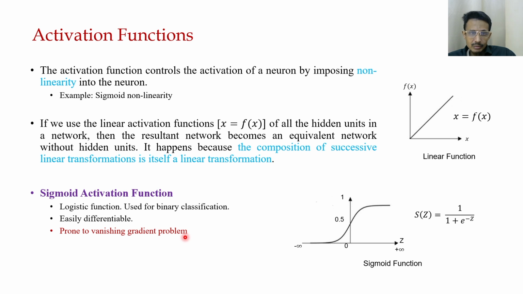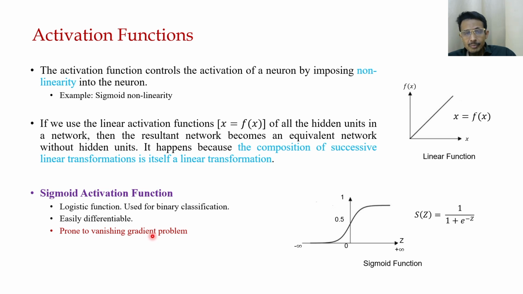Do you understand what actually happens? Briefly, in backpropagation we keep on differentiating our error gradient or error term. If we keep on differentiating the error term during backpropagation, then this error gradient becomes very small, and that's why it's a vanishing gradient.